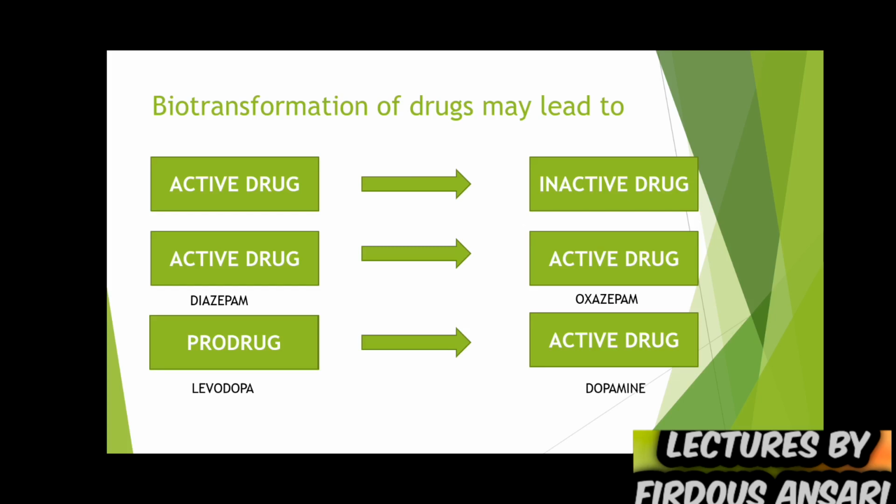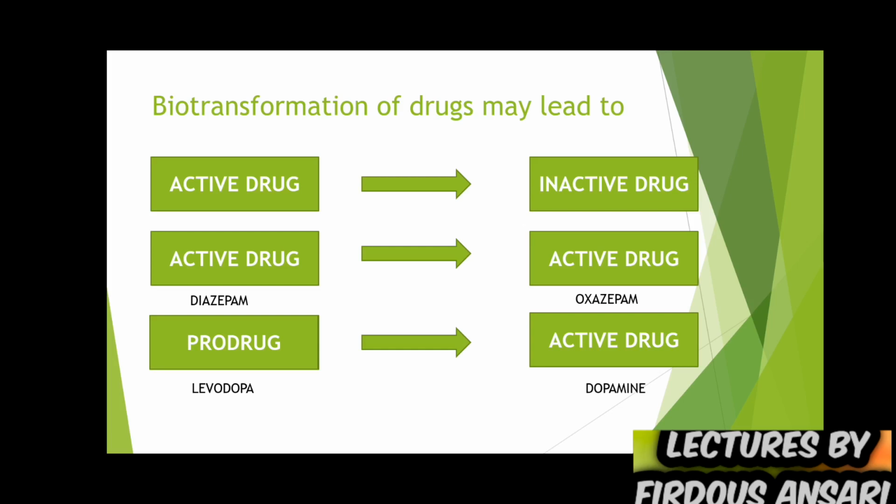So as we know, levodopa is mainly used in the treatment of Parkinsonism. So a person who is suffering from Parkinsonism, what will be the pathophysiology of Parkinsonism? Yes, there will be a reduced level of the neurotransmitter, that is dopamine, and we need to increase the level of dopamine. So as such, if we consume dopamine, in order to increase the dopamine level, this dopamine cannot cross the blood-brain barrier.